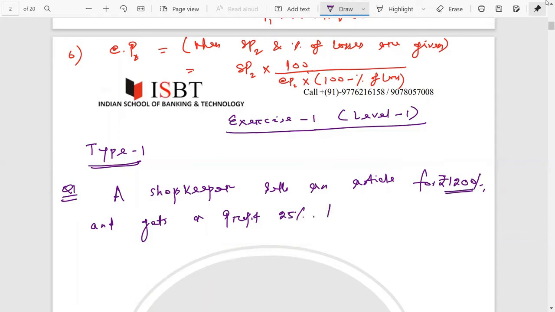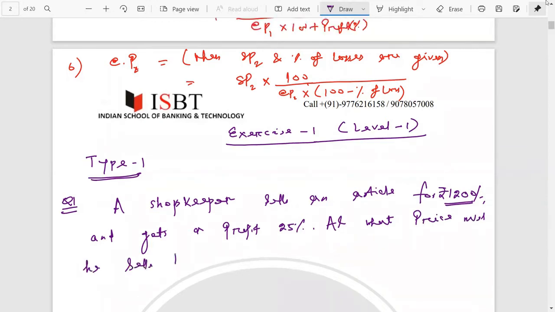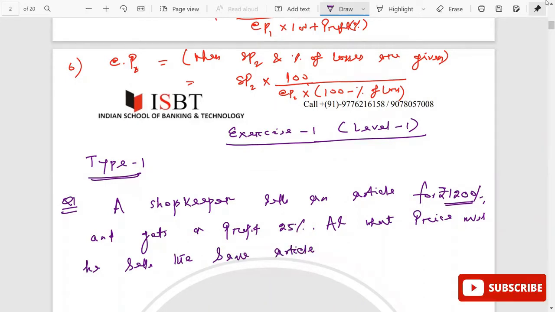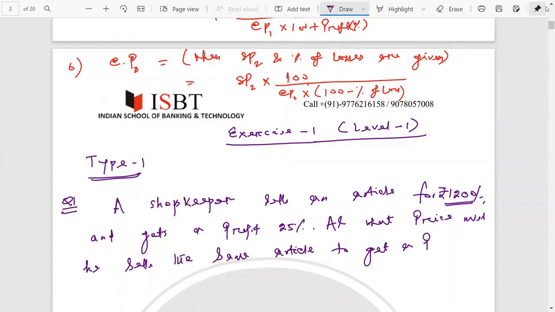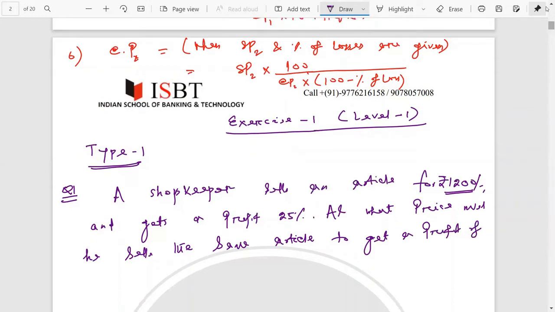The question is, at what price must he sell the same article to get a profit of 40%?